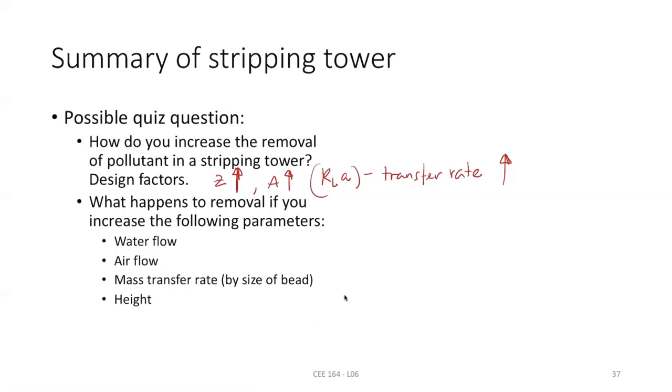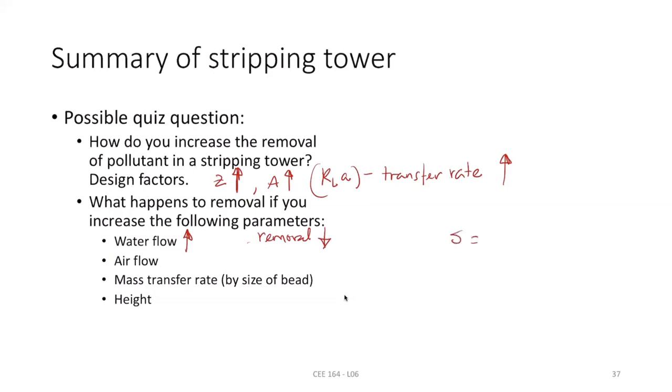Yeah, I see some answers. It is not going to improve it, because if you are adding too much water, then it doesn't have enough time for the pollutants to diffuse out. So if you increase water flow rate, removal decreases. And if you see where it is coming from, look at the stripping factor.